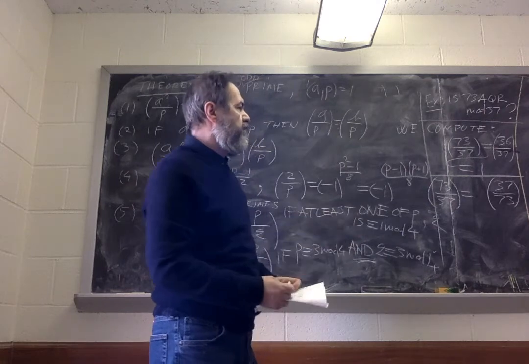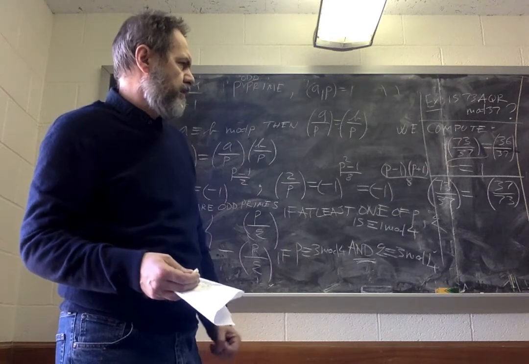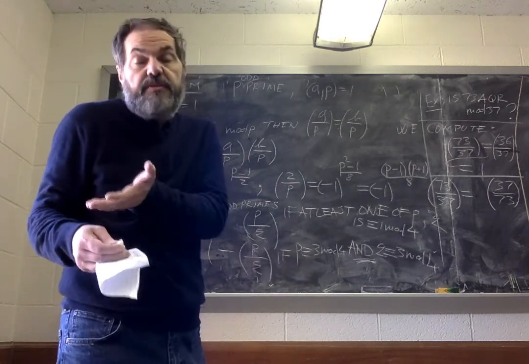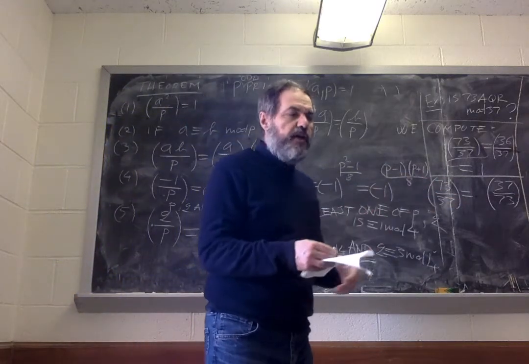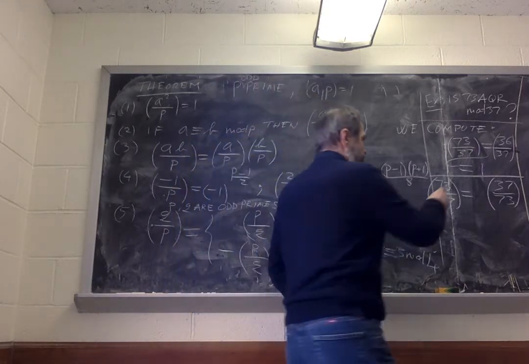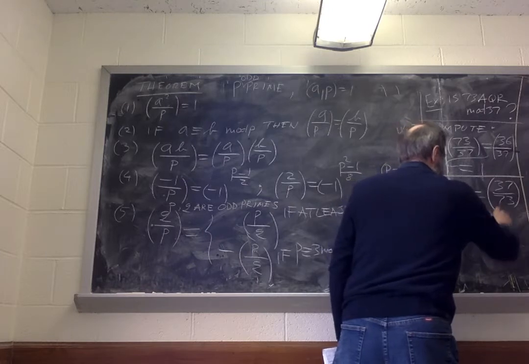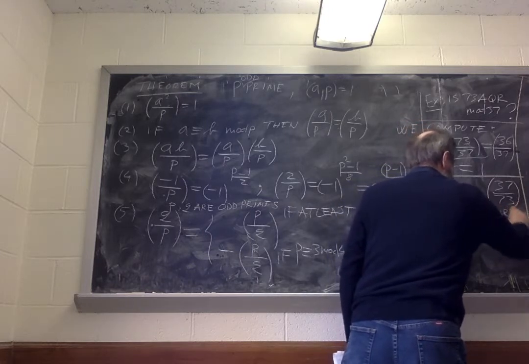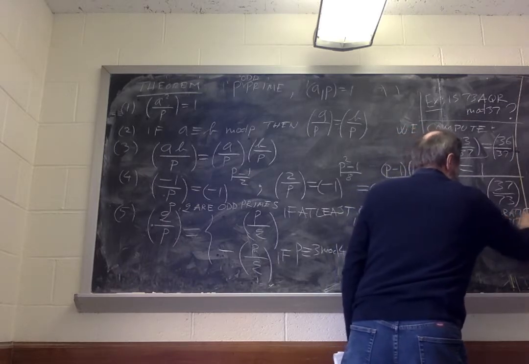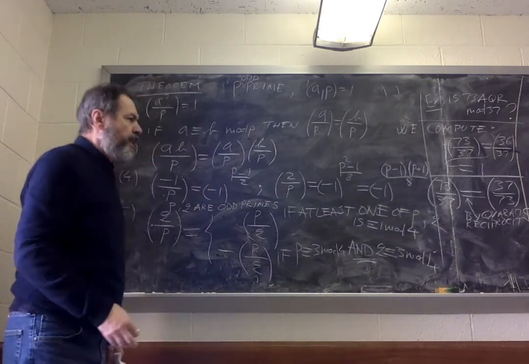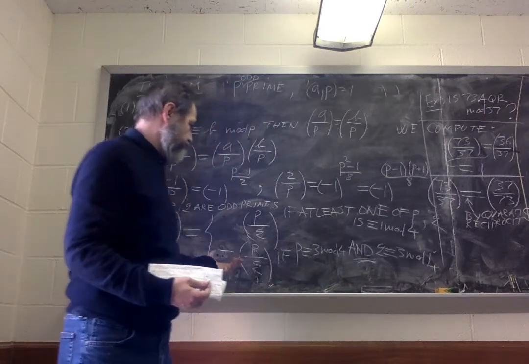If I write this on an exam or in any other circumstance when I think that someone will read this, I want to explain what I'm doing very quickly. I just say by quadratic reciprocity, it's plus 1. And when I say by quadratic reciprocity, I want to show that I know what quadratic reciprocity states.